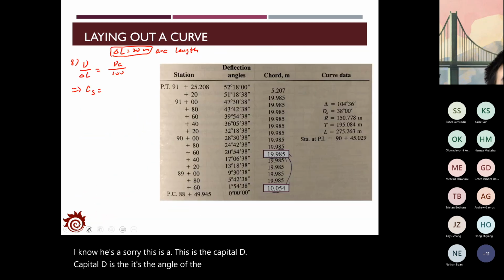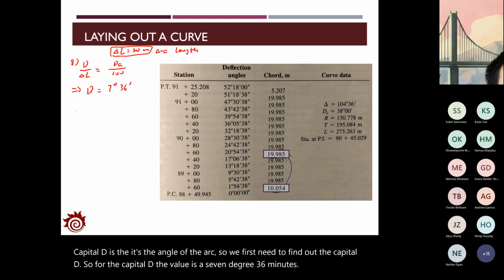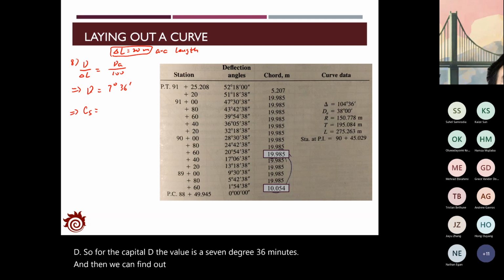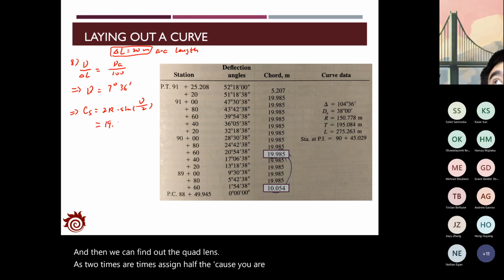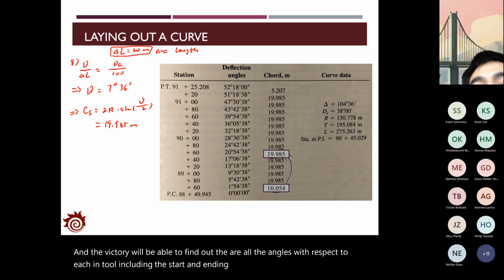So we first need to find out the capital D. For the capital D, the value is 7 degrees 36 minutes, and then we can find out the chord length as 2 times R times the sine half D, which will give you the value as 19.985 meters. And with that, you will be able to find out all the angles with respect to each interval, including the start and end intervals, and then you can lay out the stations.